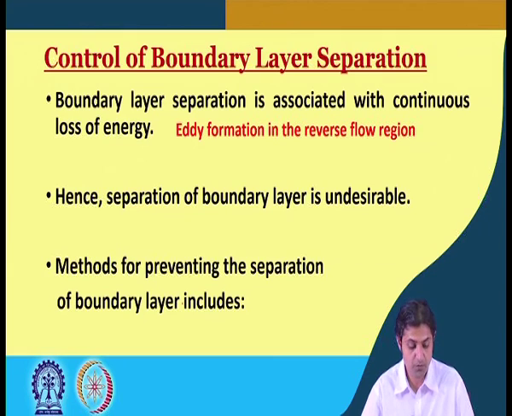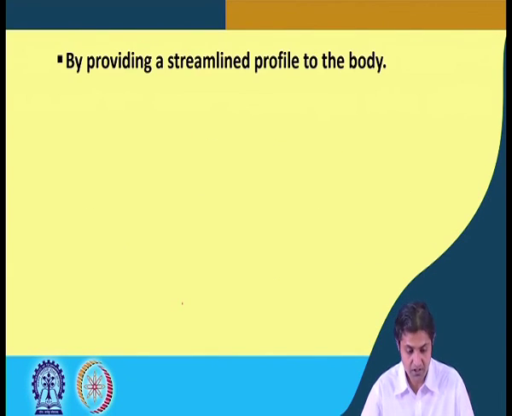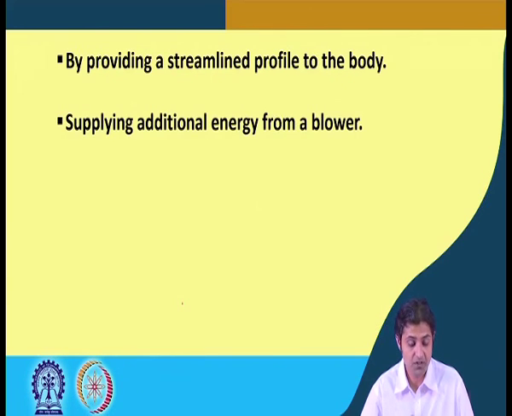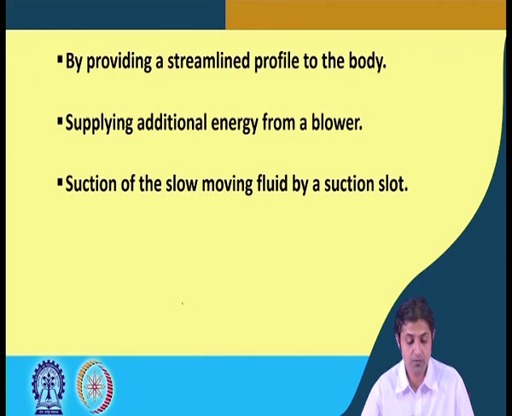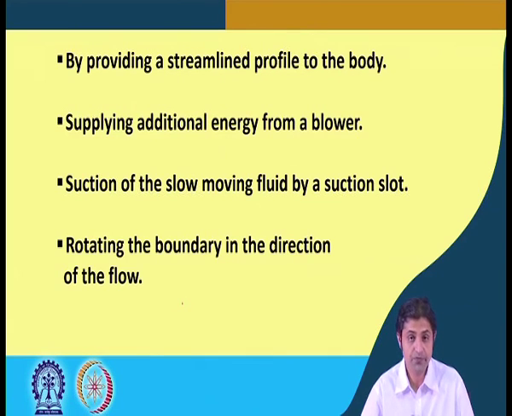Some methods for preventing it include providing a streamlined profile to the body, supplying additional energy from a blower, suction of the slow moving fluid by a suction slot, and rotating the boundary in the direction of the flow.